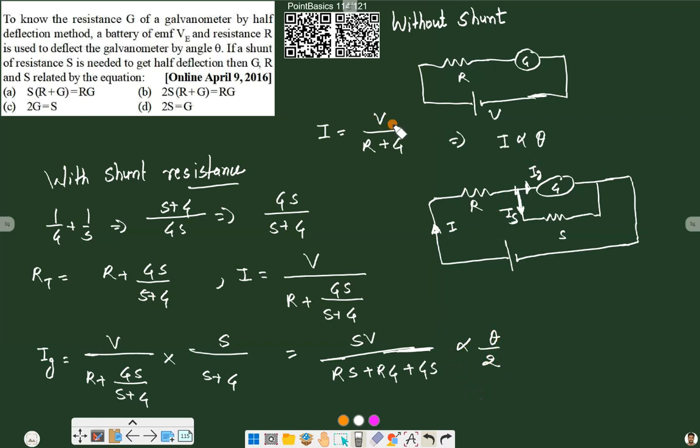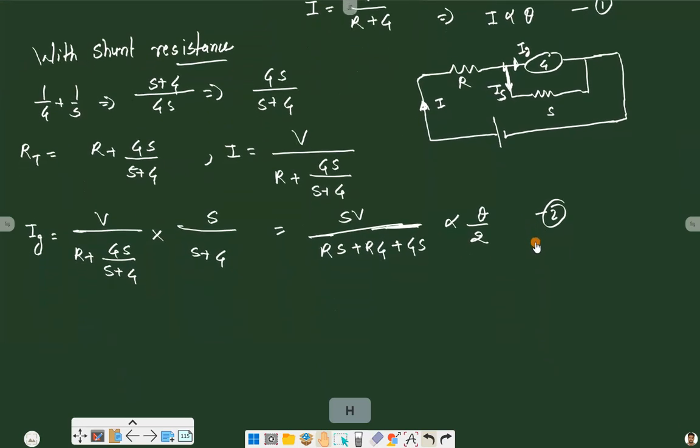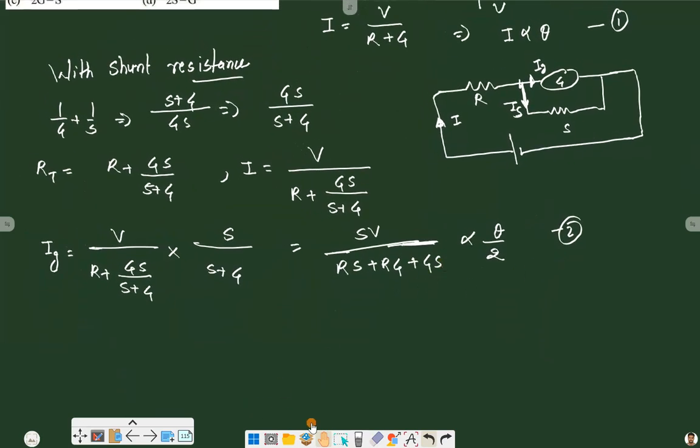Now using this equation, that this current is proportional to theta and this current is proportional to theta by 2, we can divide both of these. This is equation 1, this is equation 2. So dividing both, we will have SV by RS plus RG plus GS divided by this value.